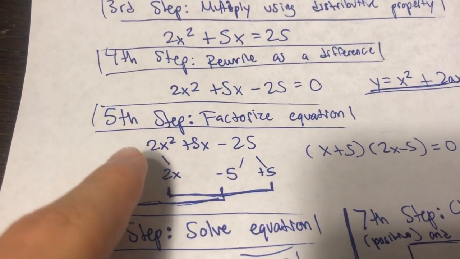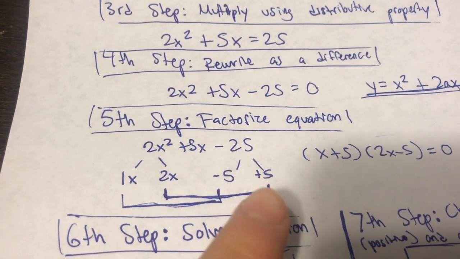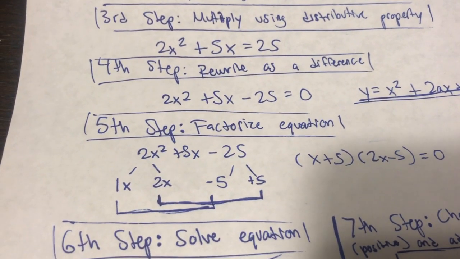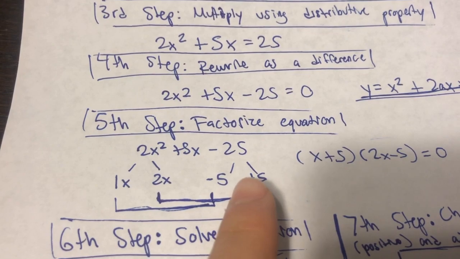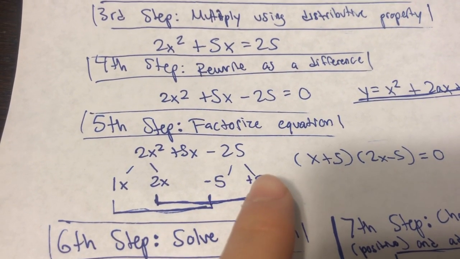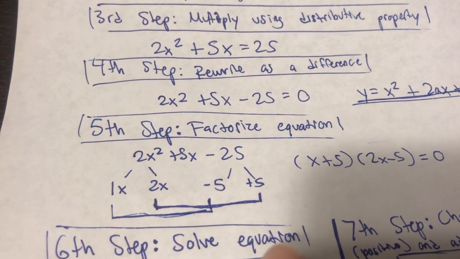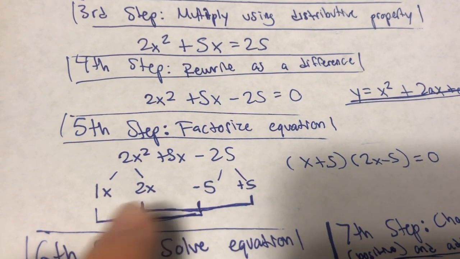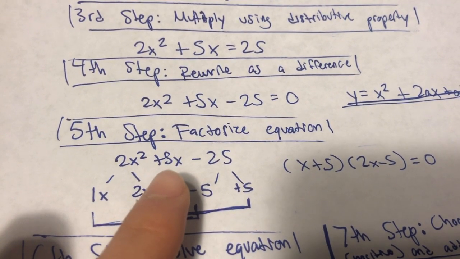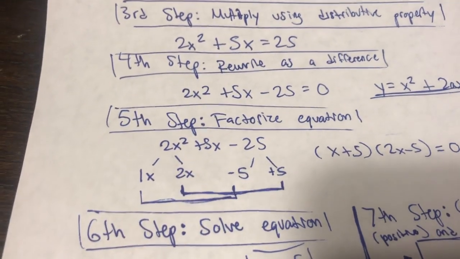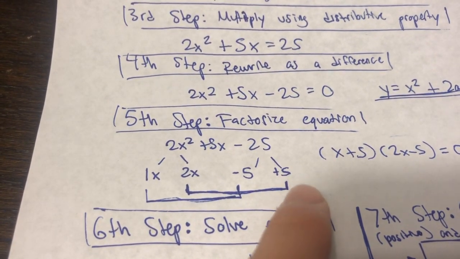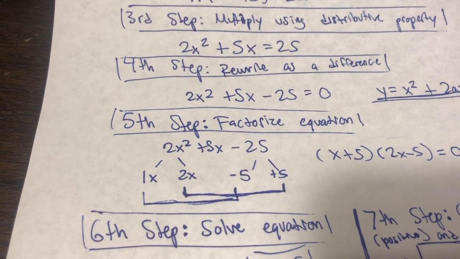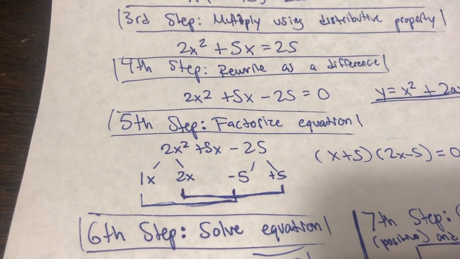So now we lay the equation again, and we need to find two numbers over here that multiply into negative 25, and we need to find numbers here that add up to positive 5. Okay? So we know that negative 5 plus 5 equals negative 25.